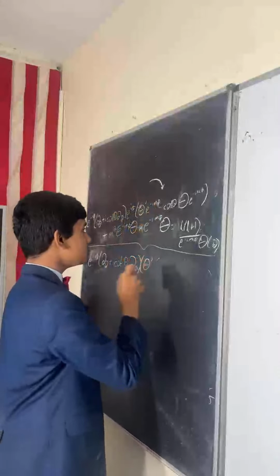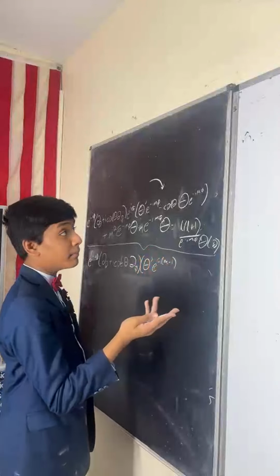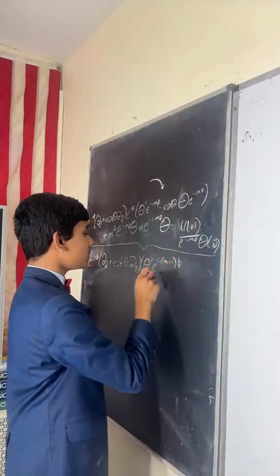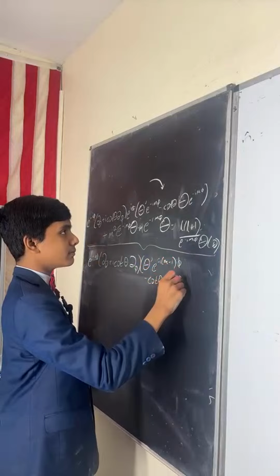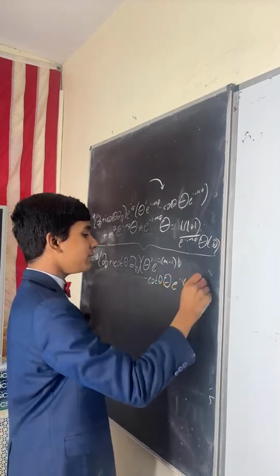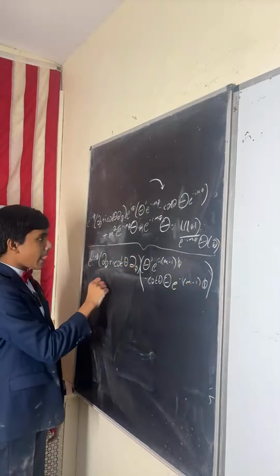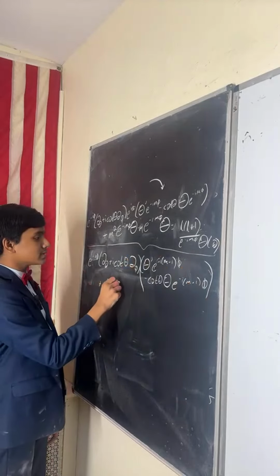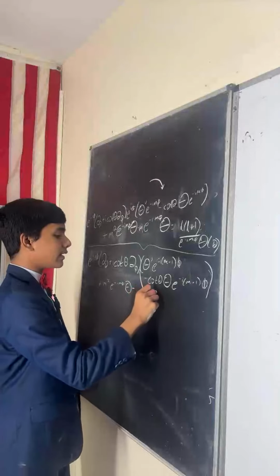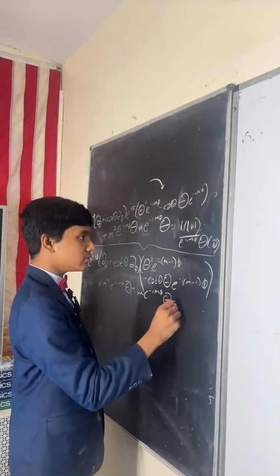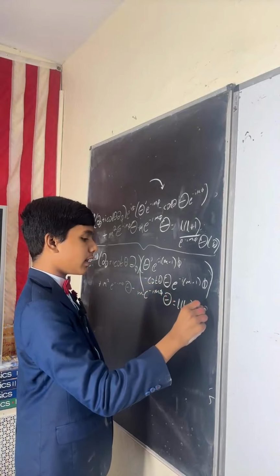Theta prime e to the minus i (m minus 1) phi minus cotangent theta big theta e to the minus i (m minus 1) phi plus m squared e to the minus i m phi theta minus m e to the minus i m phi theta is equal to L times L plus 1 e to the minus i m phi theta.